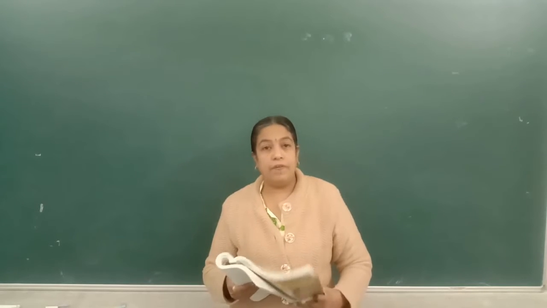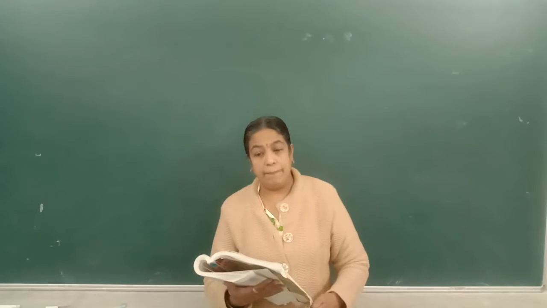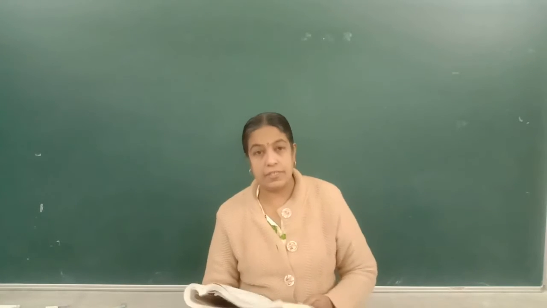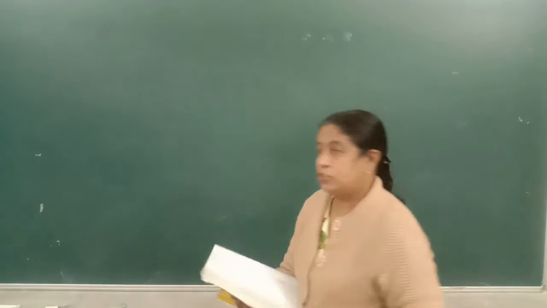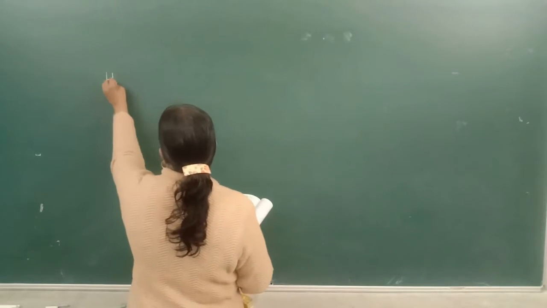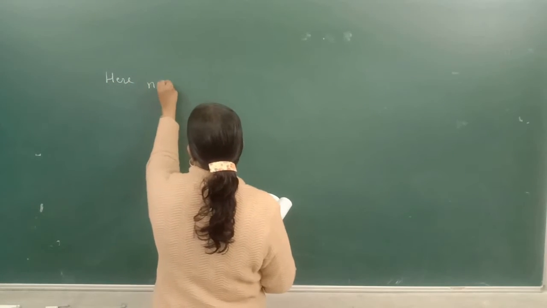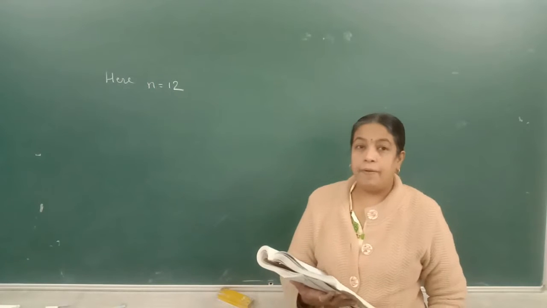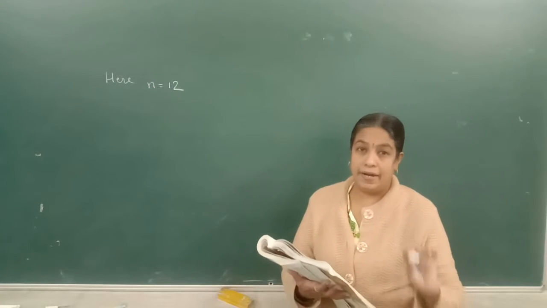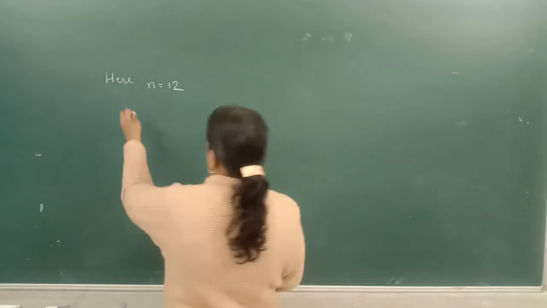Now before starting the sum, we will write the basic parts, that is, what is given. How many times is the coin tossed? 12. So here n is equal to 12. Now the probability of getting a head.